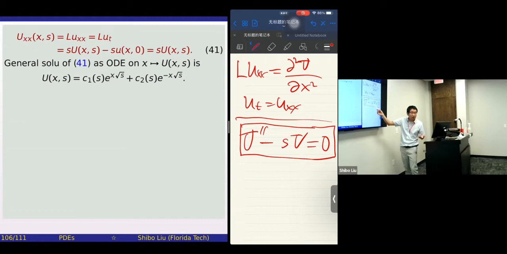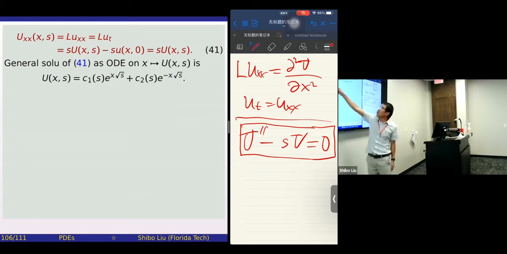The s here is a coefficient or parameter. So the characteristic roots are positive and negative square root of s. So the corresponding solution is C1 times exponential of x times square root of s, plus C2 times exponential of minus x times square root of s. We have two arbitrary constants C1, C2.